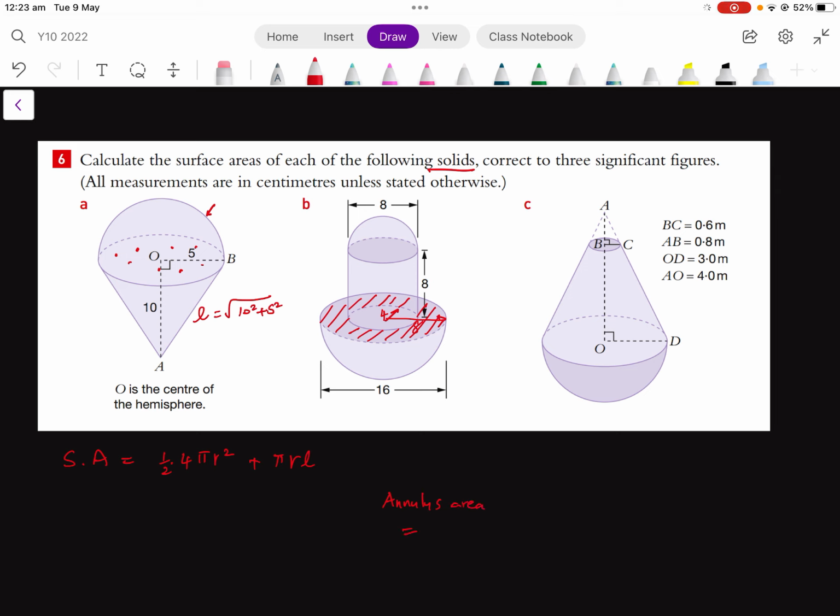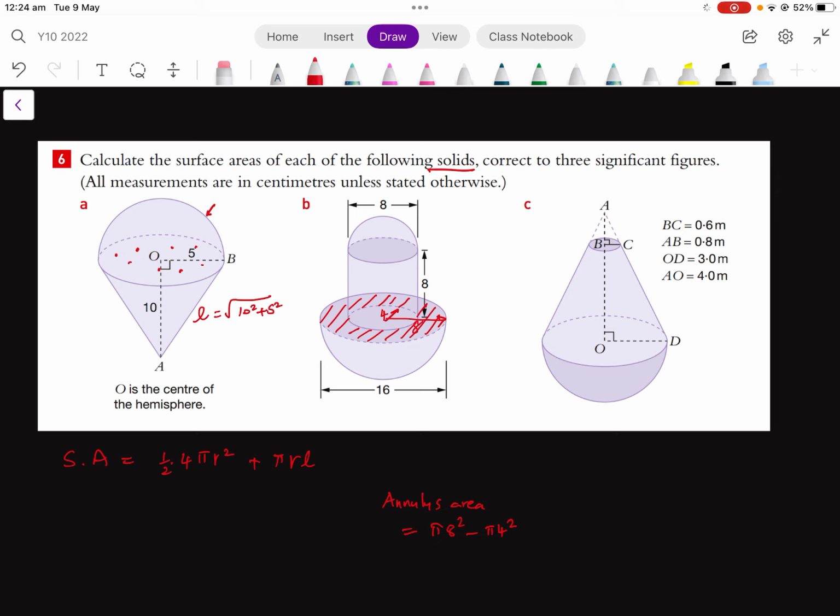is equal to the bigger circle with the diameter of 16, pi 8 square, minus the smaller circle, which happens to be with the radius of 4, pi 4 square. That's the annulus area.